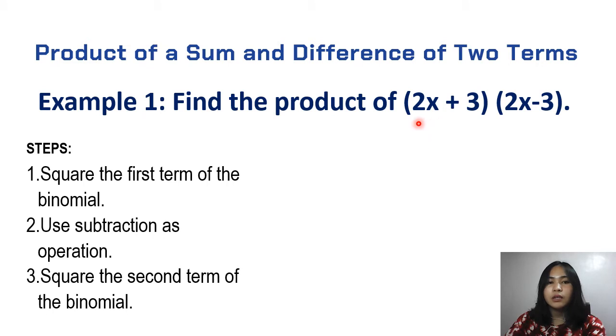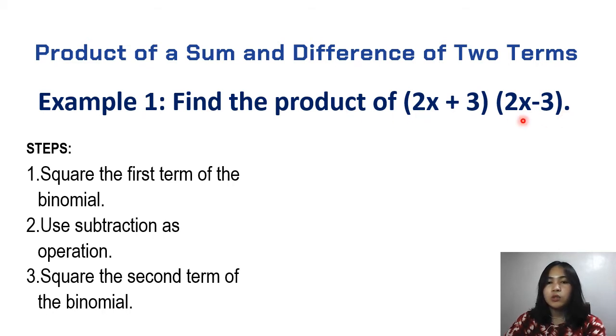If the given is in the form of sum and difference, the terms are the same. The only difference is their sign. So, we can use these steps if the given is in the form of sum and difference of two terms.